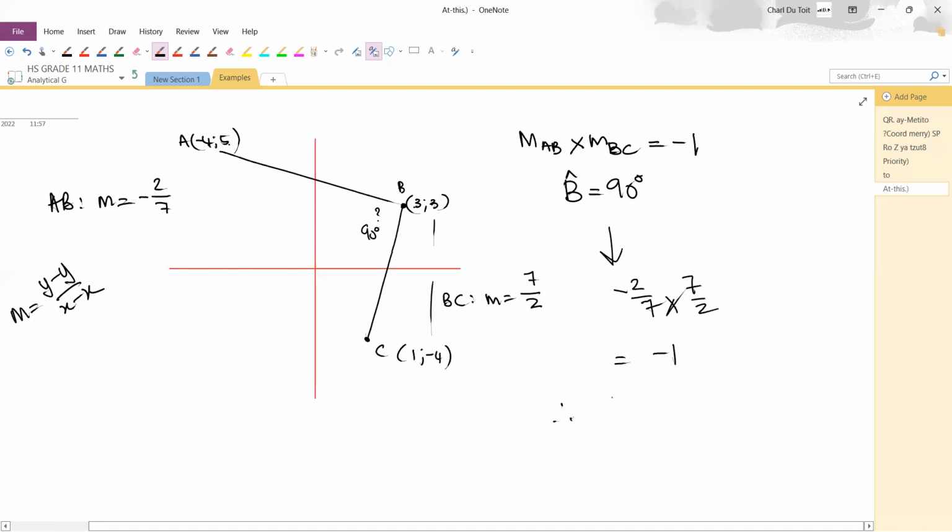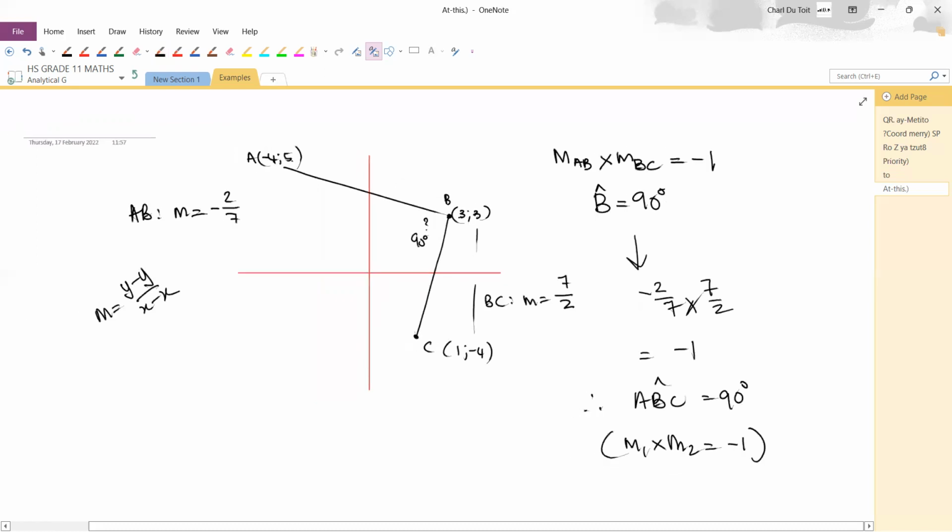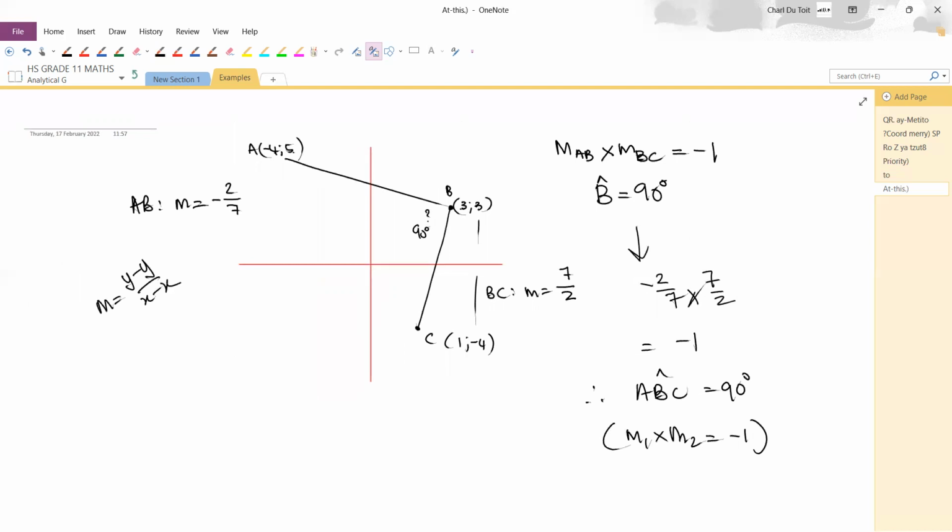And therefore, angle B in ABC is 90 degrees. And my reason is M1, the first gradient, times the second gradient is -1. That's very important. You did that in grade 10 as well.